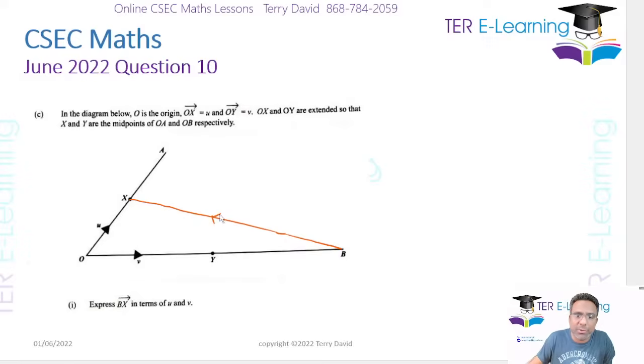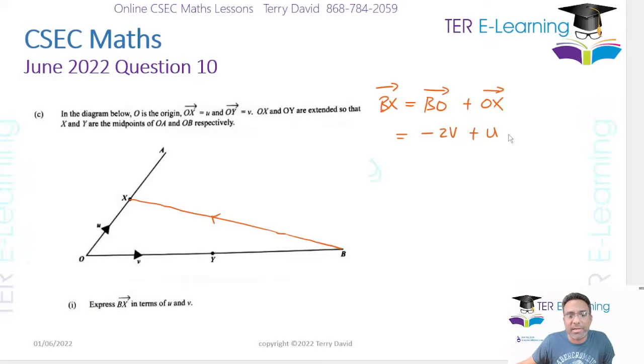According to that diagram, BX is going to be BO plus OX. That's my vector equation. So what is BO? BO is going to be negative 2V plus U. So that's my vector BX.